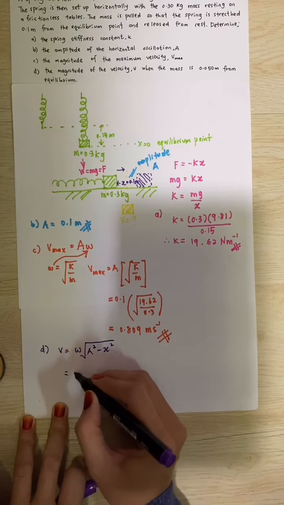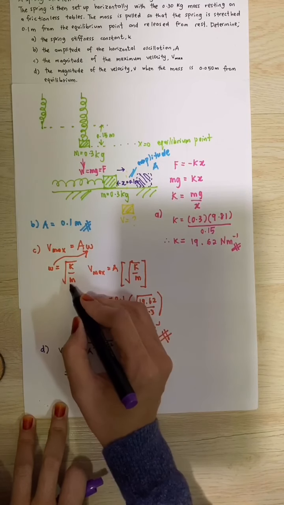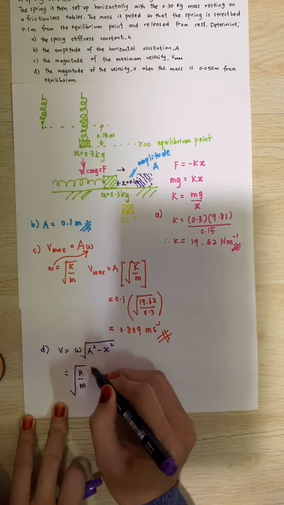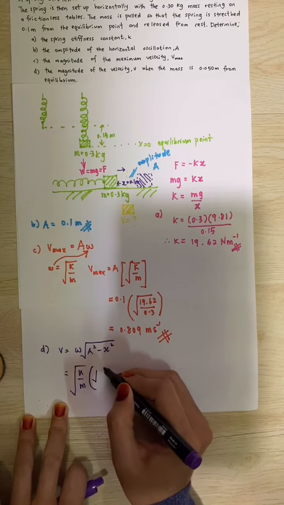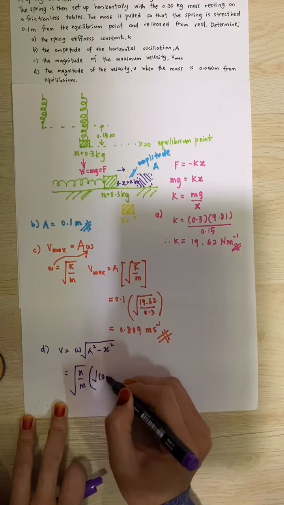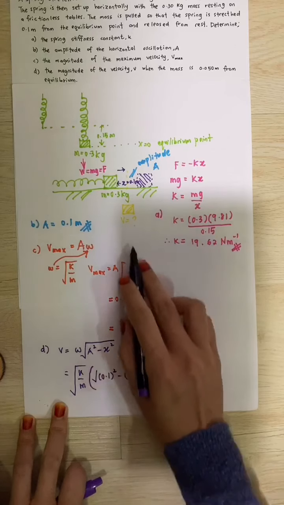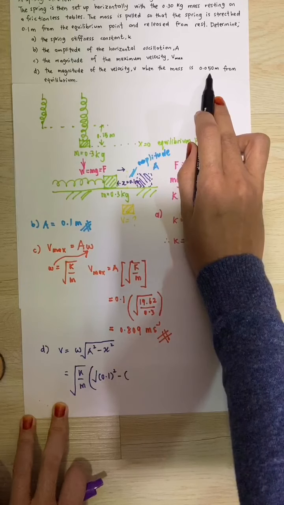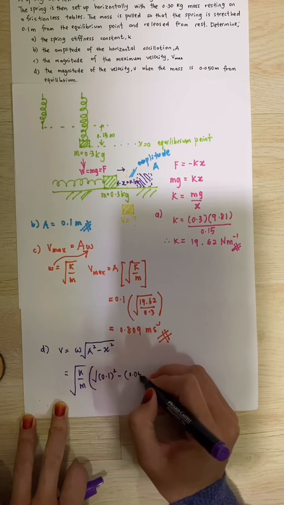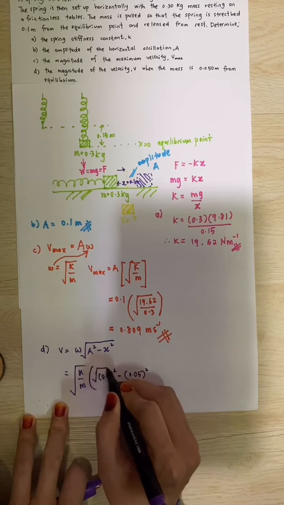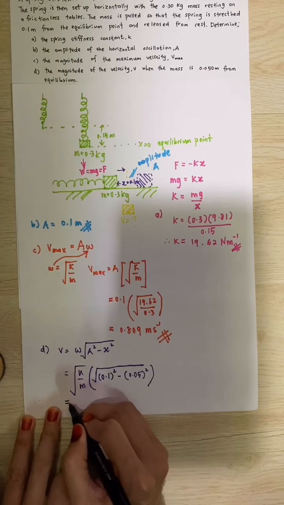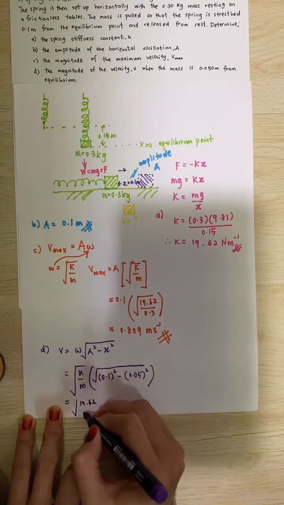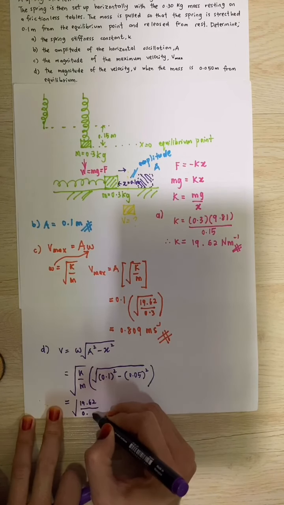For omega, we know omega is the square root of K over M. So we have the square root of K over M, times the square root of the amplitude 0.1 squared minus X squared, where X refers to this condition when the mass is at 0.05, squared. Substitute the value of K, the spring constant, 19.62, and the mass, 0.3.